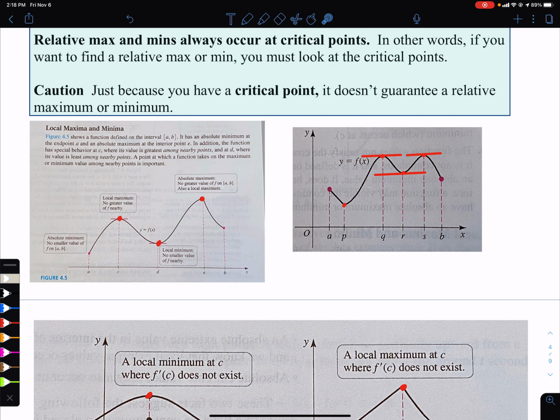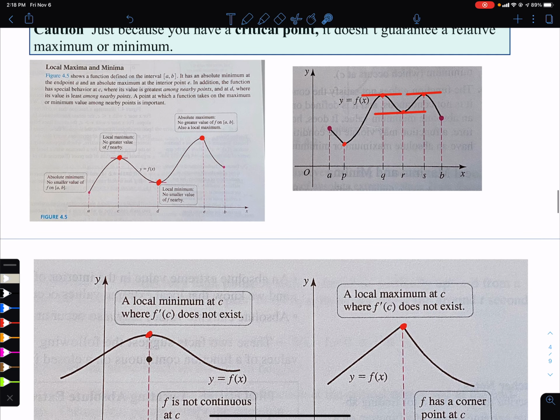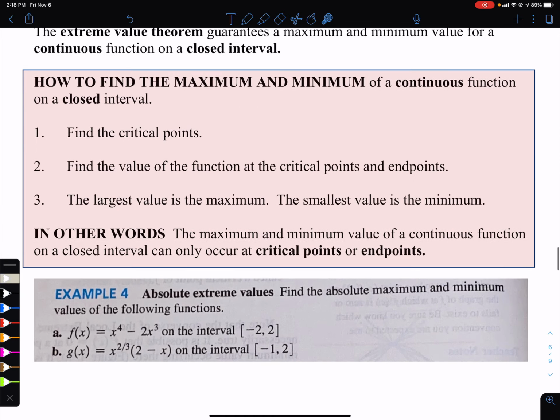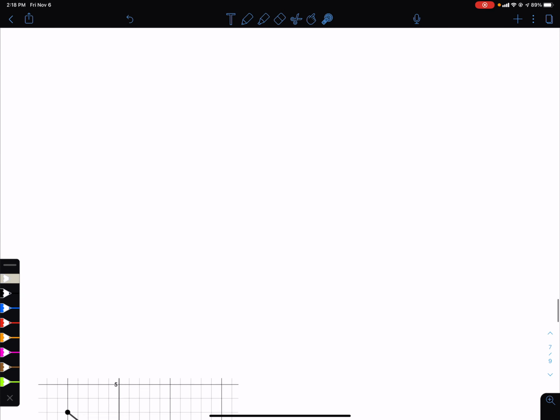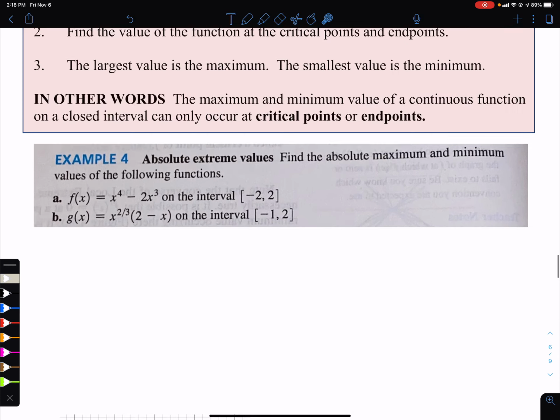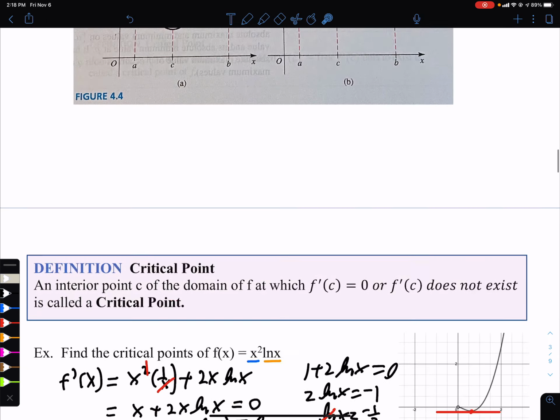Some people assume I found a critical point, therefore there's going to be a relative max or min. That is not true. Just because you have a critical point, it doesn't mean you have a relative max or min or a local max or min. And I'm going to show you an example why.